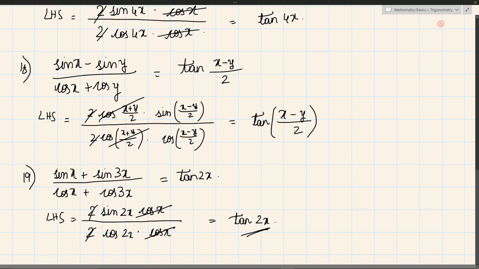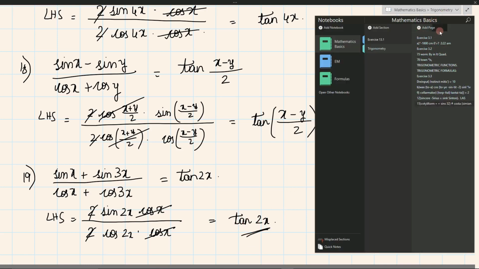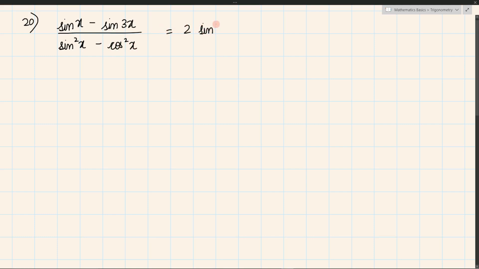So we have question number 20, that is (sin x minus sin 3x) whole divided by (sin square x minus cos square x) is equal to 2 sin x.